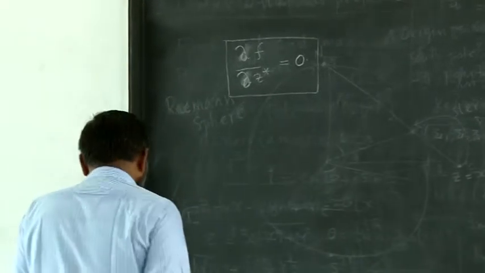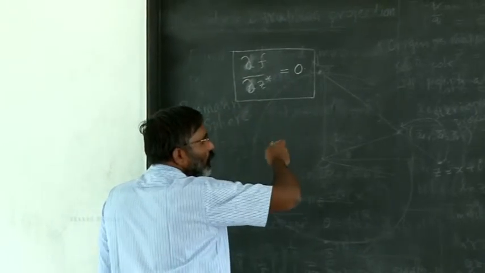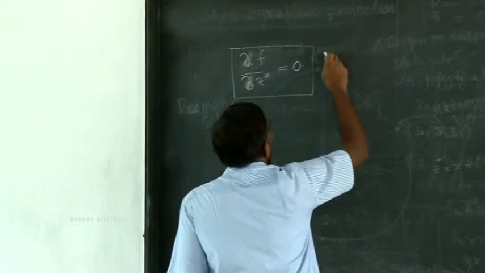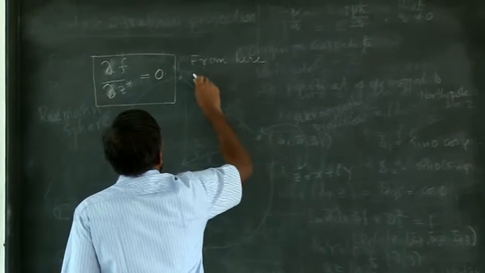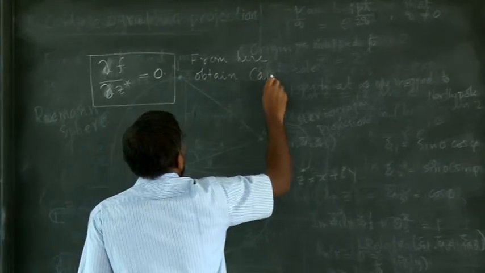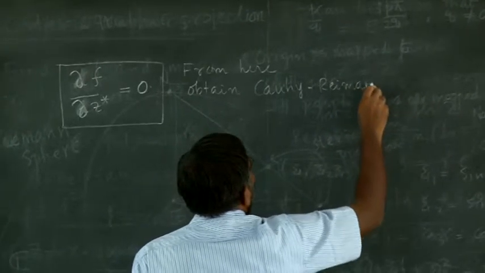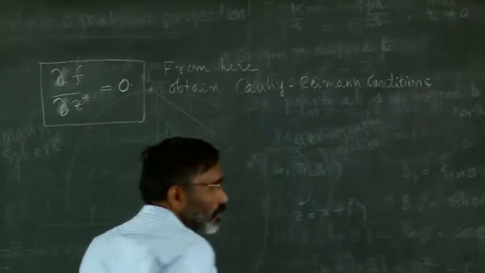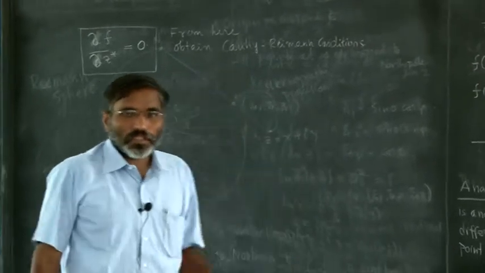I can also ask you to try this, but we can do it in the tutorials if you are not able to do it. From here, you have to use what is called the chain rule for differentiation.